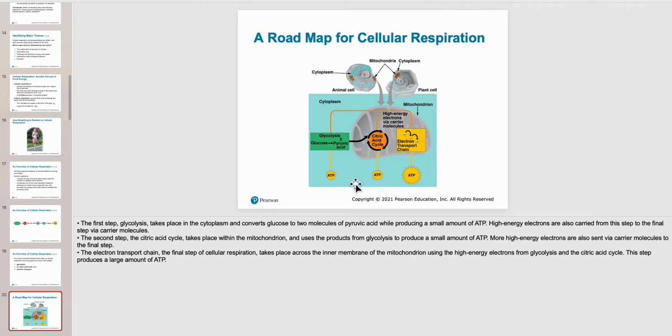Now, remember I said you need to know where you are in the cell because they're in different locations. Glycolysis takes place in the cytoplasm. Then once you are done making pyruvate or pyruvic acid, notice it says 2 of them.